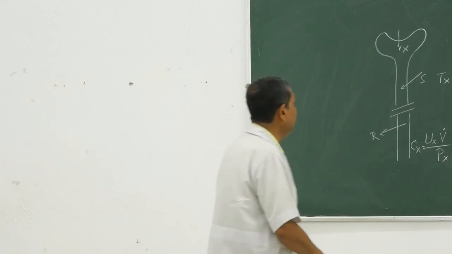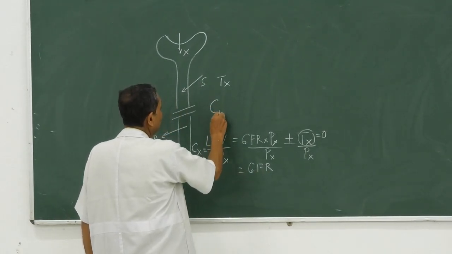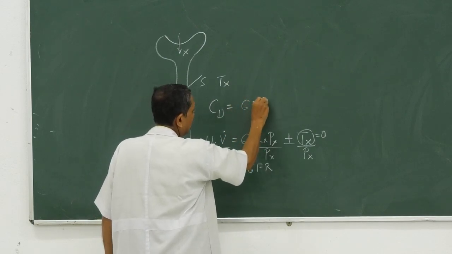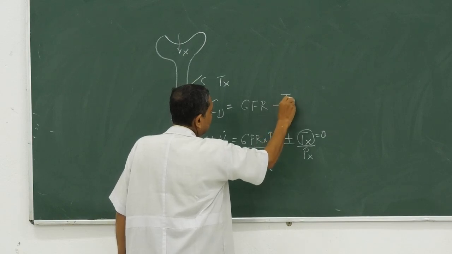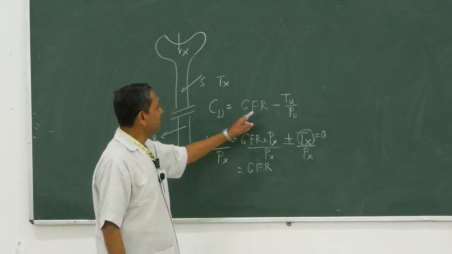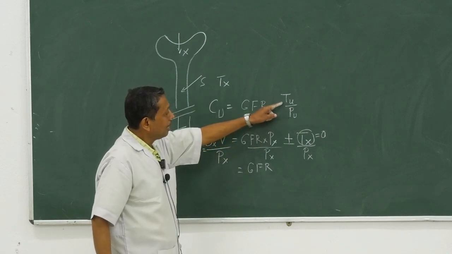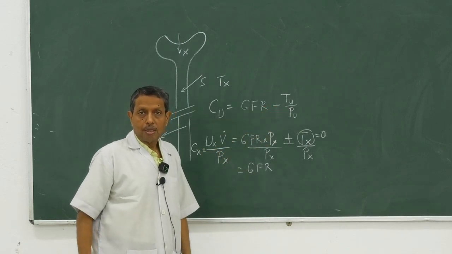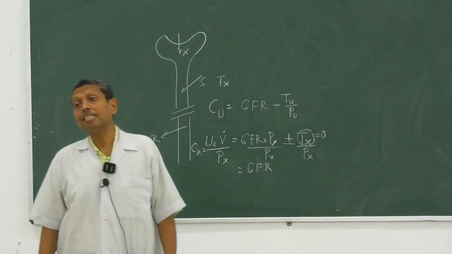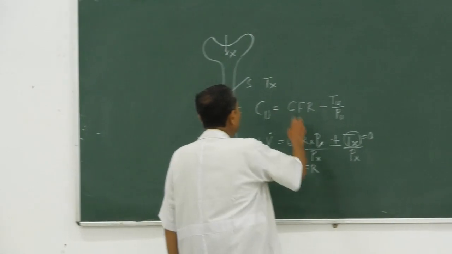In that case, when it is negative, it is the GFR minus TX by PX. So the clearance of urea is less than GFR, and there is reabsorption. On the other hand, we are familiar with PAH, paraaminohippuric acid.